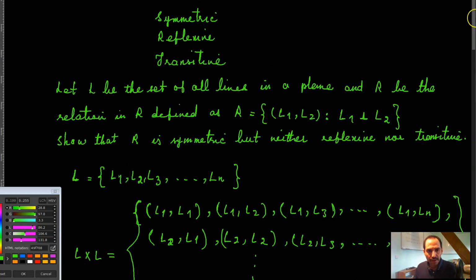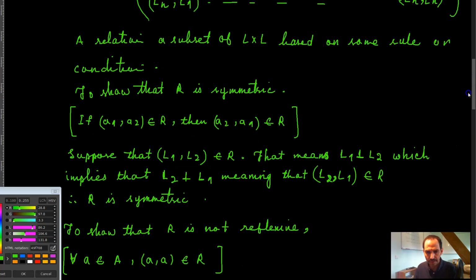The rule that we have here is that R is basically all of these ordered pairs L1 comma L2, such that L1 is perpendicular to L2, right?